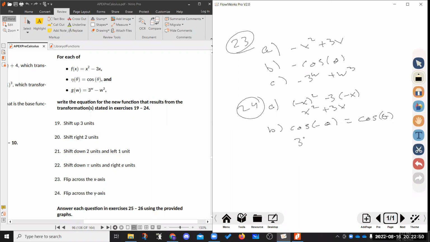And 3 to the negative w minus negative w to the third. So this is going to be 3 to the negative w. And then negative w to the third is the opposite of w to the third. So a negative times a negative is a positive, w to the third.